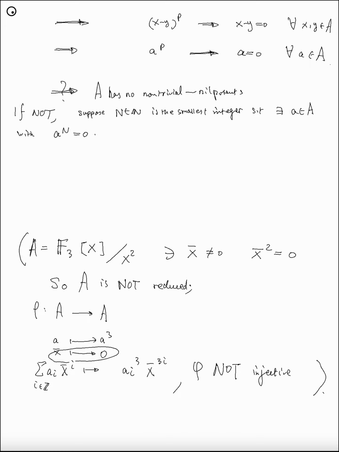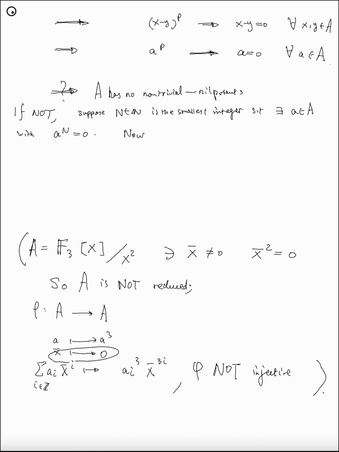right? Because those integers such that there exists some element whose power equals 0 form a subset of the natural numbers, so there always exists a smallest one. Maybe you use the axiom of choice, maybe not necessary, but anyway, let's suppose n is the smallest one, right?